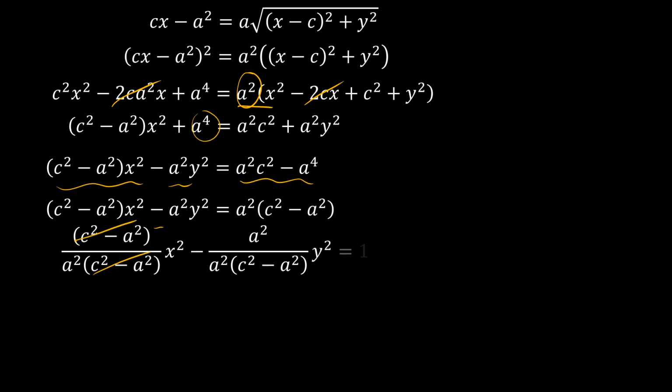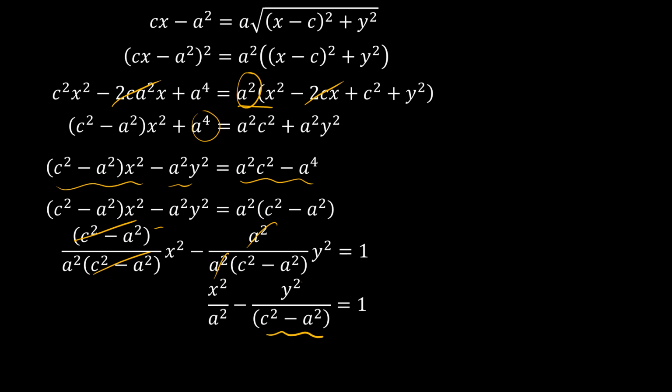We get c squared minus a squared over a squared times c squared minus a squared. This would cancel. This times x squared minus a squared over a squared times c squared minus a squared, and the a squareds cancel. And so we have now here x squared over a squared minus y squared over c squared minus a squared is equal to 1.